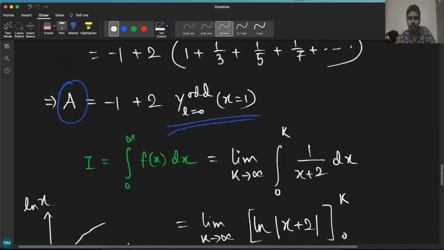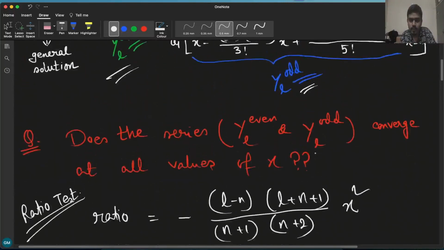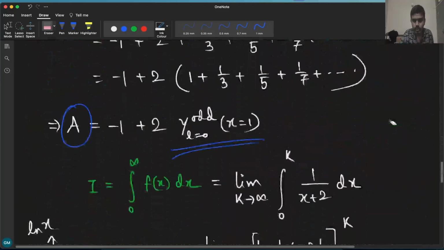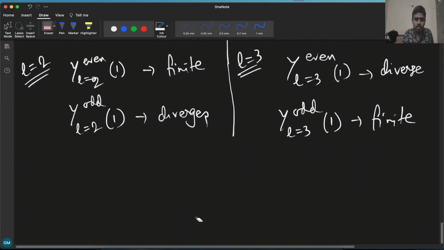Okay, because you can see for the odd series there is an L minus 3, and in all the higher order terms of the odd series there will be an L minus 3. So only these two terms will survive. So the series will get truncated and we will be left with a polynomial, and so on and so on.